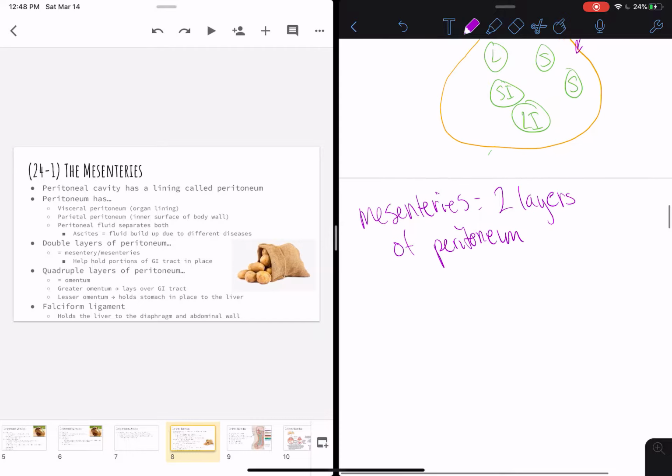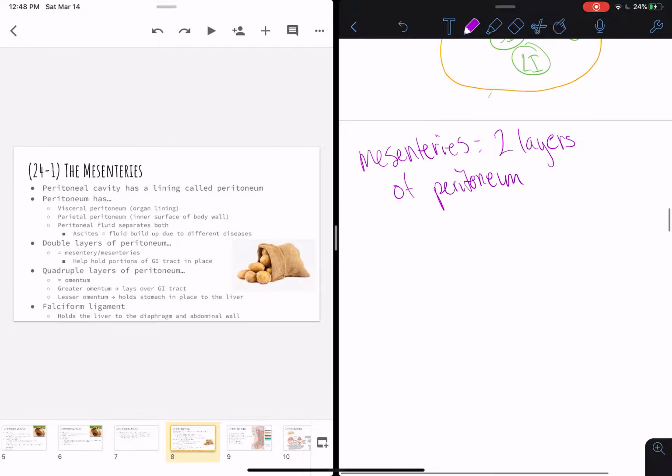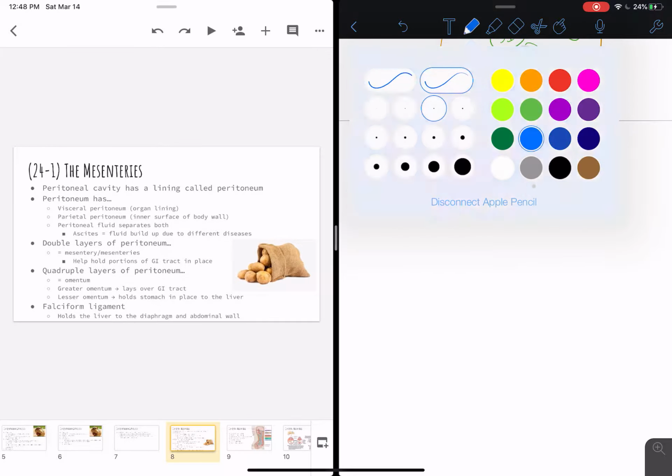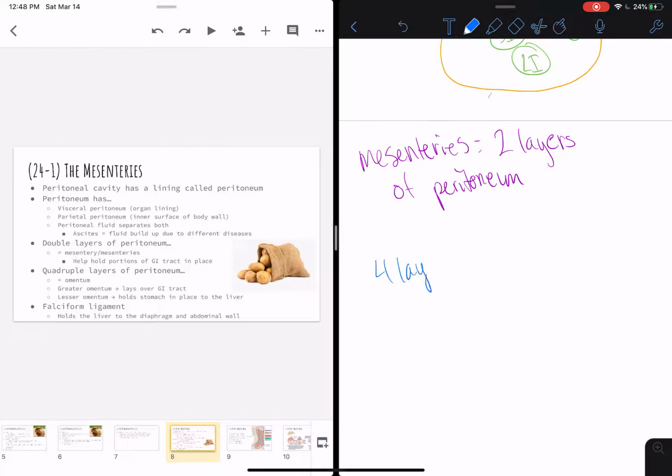And if we have 4 layers of mesentery, let me do this in a different color, then that is going to be called omentum. Okay, so again, if we just double the doubled layers, then we get omentum.